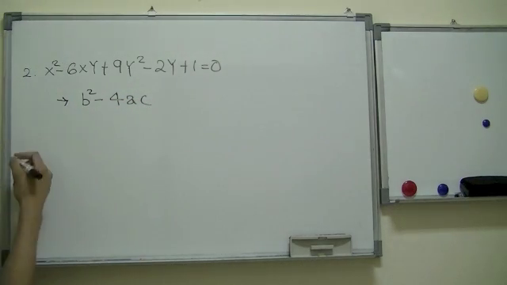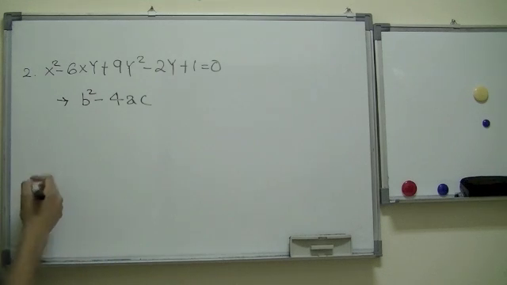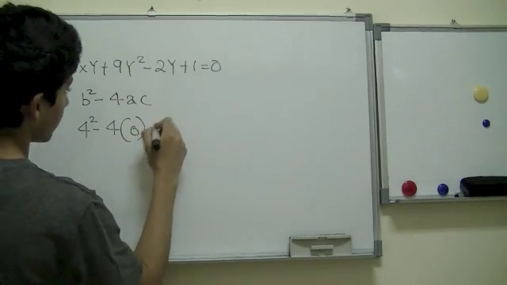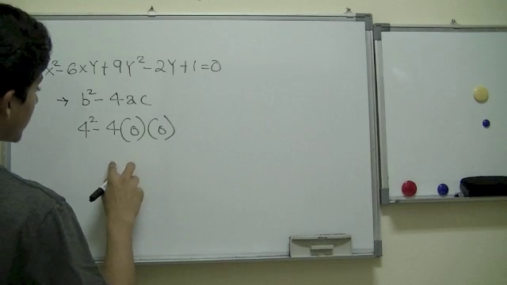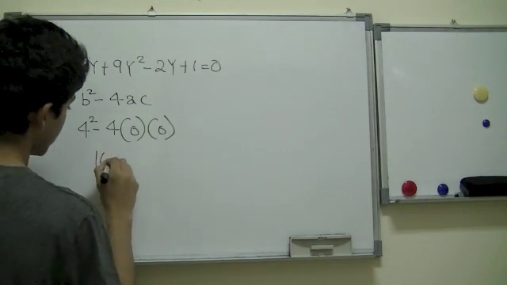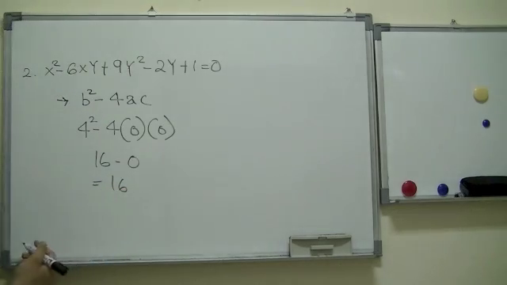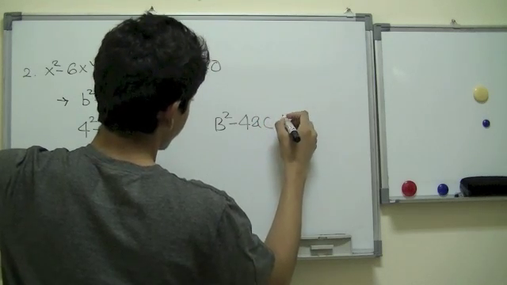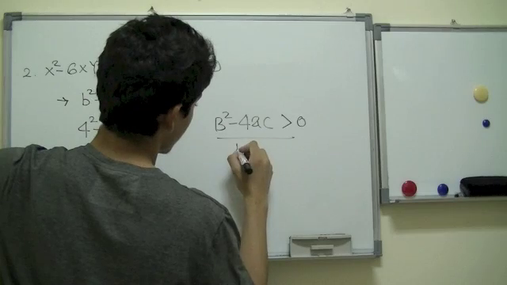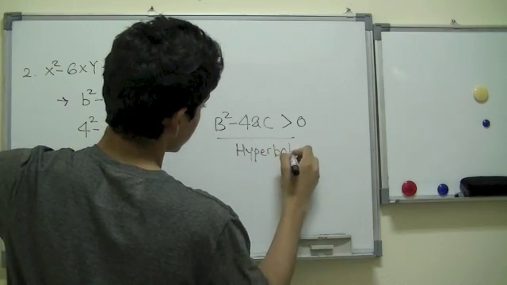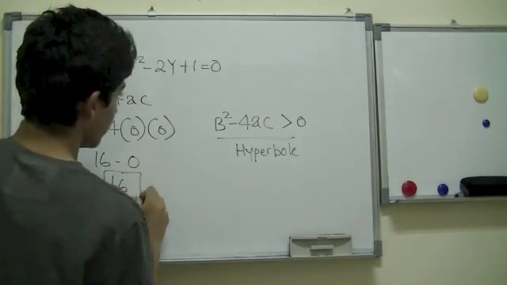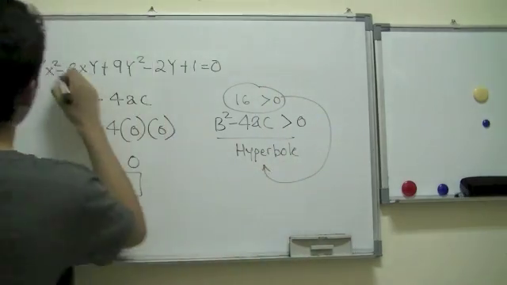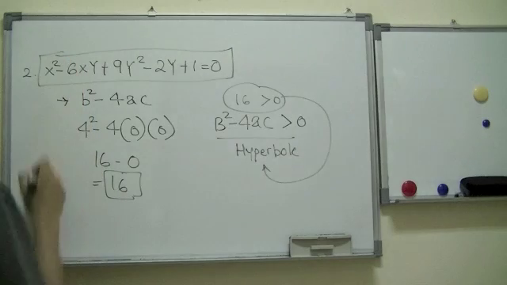We rearrange this formula and you will find that b squared would be 4 squared minus 4a, where a is 0. c would be 0 as well. So 4 squared minus 0 would be 16 minus 0, which is equal to 16. Now, we said if b squared minus 4ac is greater than 0, it would be a hyperbola. Since this is equal to 16, which is greater than 0, this function is a hyperbola.